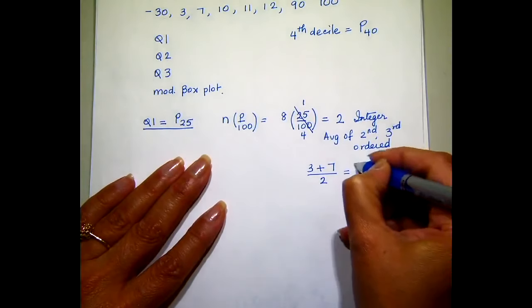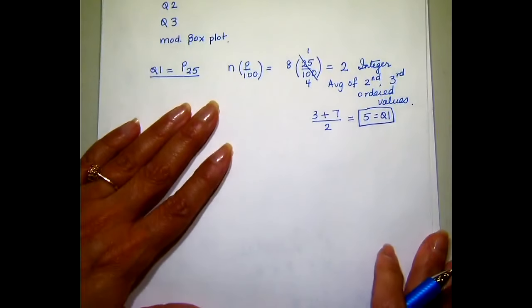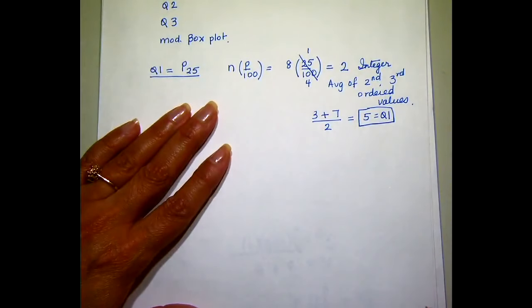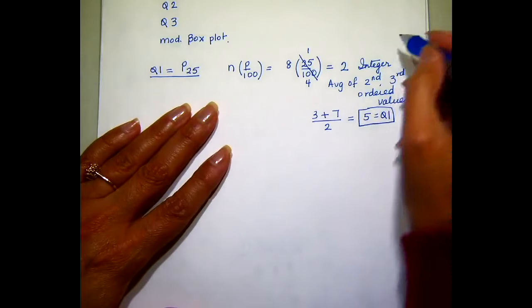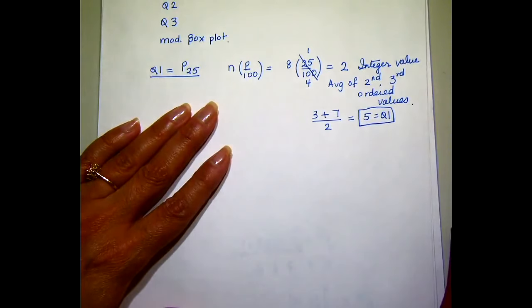So Q1 is 5. Agree? Do you have any questions with that? The reason why I'm taking averages is because I arrived at an integer value, and the rule is when you arrive at an integer, you will take averages. When you arrive at a non-integer, you round up to the next integer.